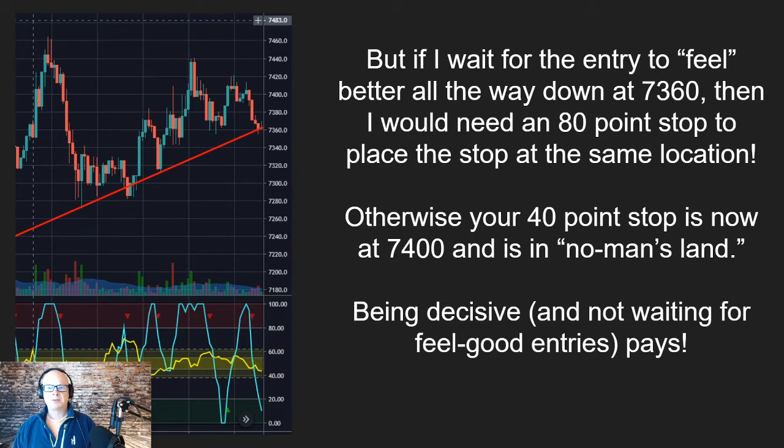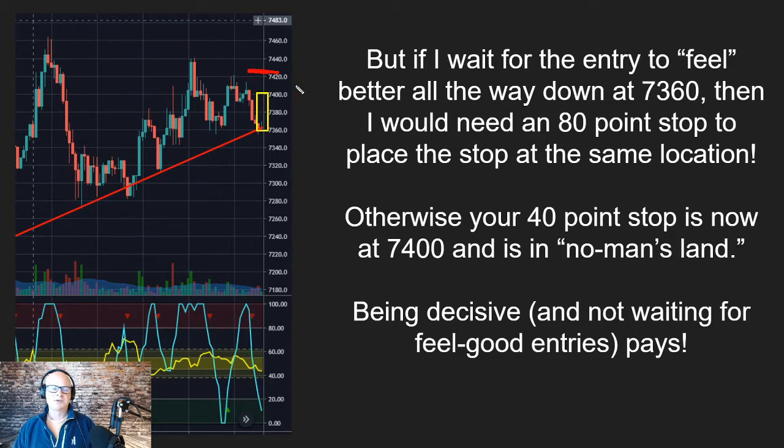But now the problem is that if I put the same stop level here, if I'm entering at 7,360, now my stop's at 7,400. It's not above really anything. It's in no man's land. So that's lousy placement of the stop. So I can choose to actually put it maybe up here or so, but now I'm going to have a 60-point stop.